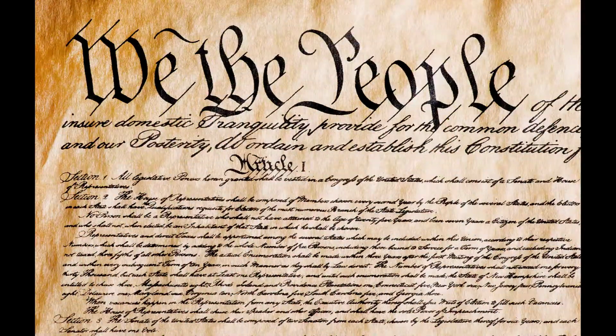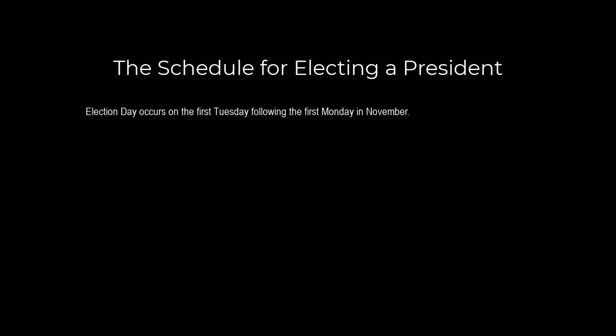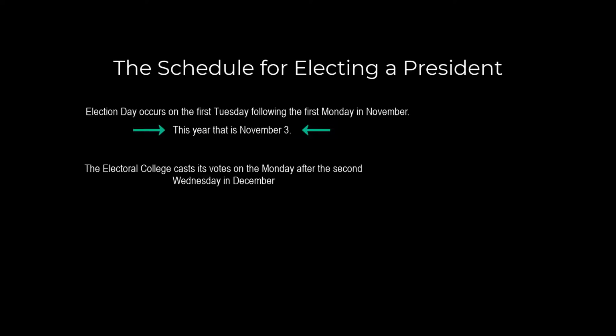As stipulated by the Constitution, the schedule for electing a president goes like this. Election day occurs on the first Tuesday following the first Monday in November. This is when citizens determine which list of electors will cast ballots in their state. Those electors then meet in the state capitol on the Monday after the second Wednesday in December.